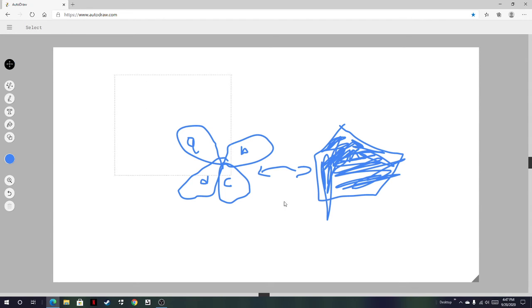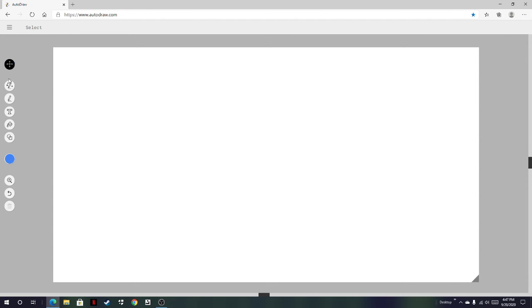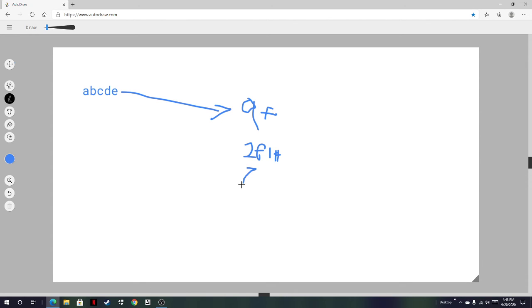So that is 4. What about A, B, C, D, E? Well, I can't really actually draw it, not because it's way too complicated, but it's a polyhedron with 9 faces, 2 squares, which I'm going to notate by F1, and 7 pentagons, which I'm going to label F2.